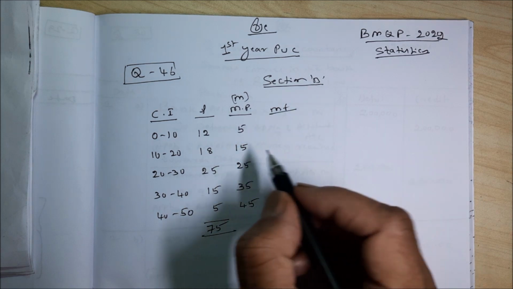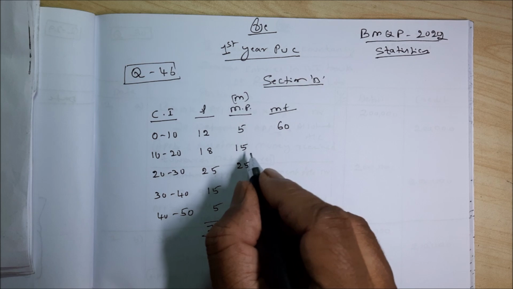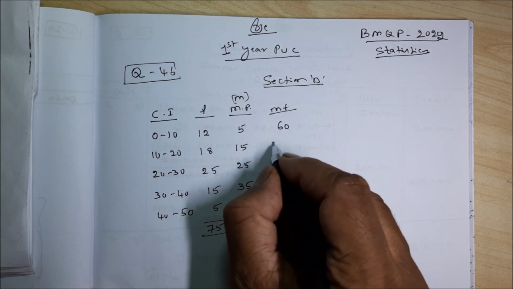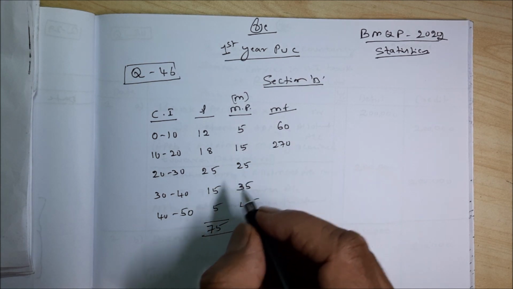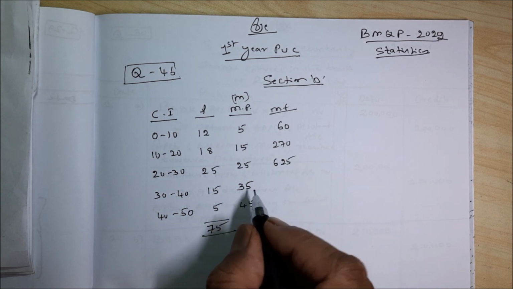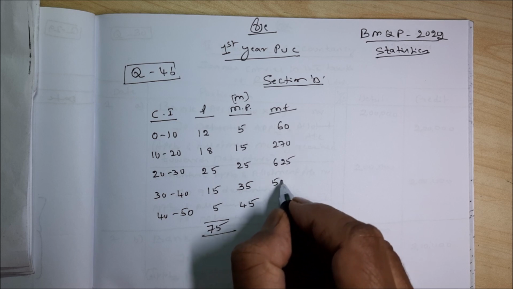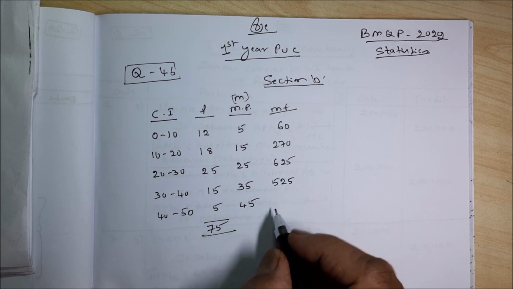So 12 into 5 is 60, then 18 into 15 is 270, then 25 into 25 is 625, 15 into 35 is 525.